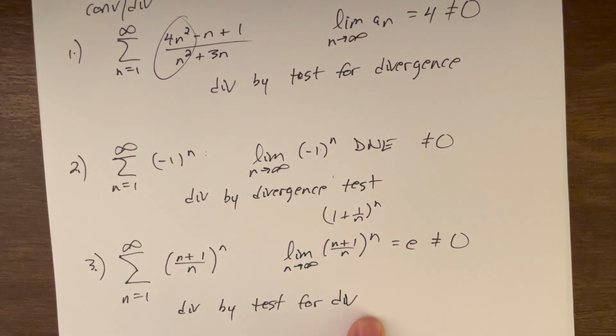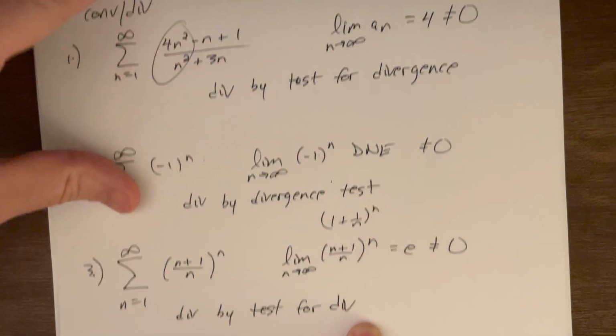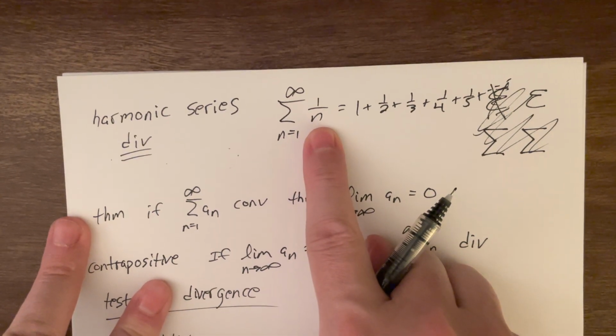Now you may say for a moment, well, wait a second, what about the ones that converge? But realize what I just said. You're never going to use the test for divergence and come up with a conclusion that a series converges. And again, go right back up here. If I said, what about this one?